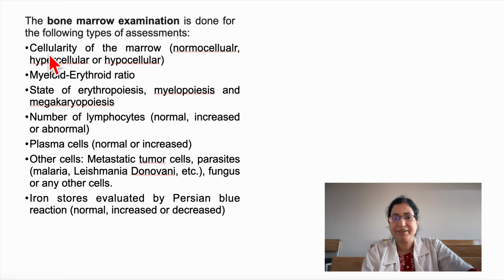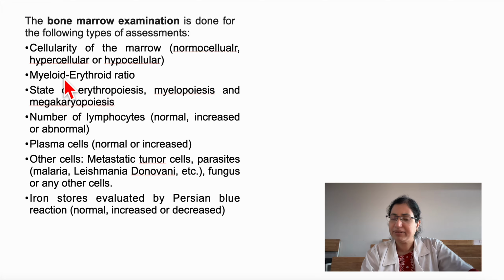For the assessment of cellularity of the marrow: normocellular, hypocellular or hypercellular, and the myeloid erythroid ratio. See, these myeloid cells will produce WBCs, and erythroid cells will produce the RBCs.